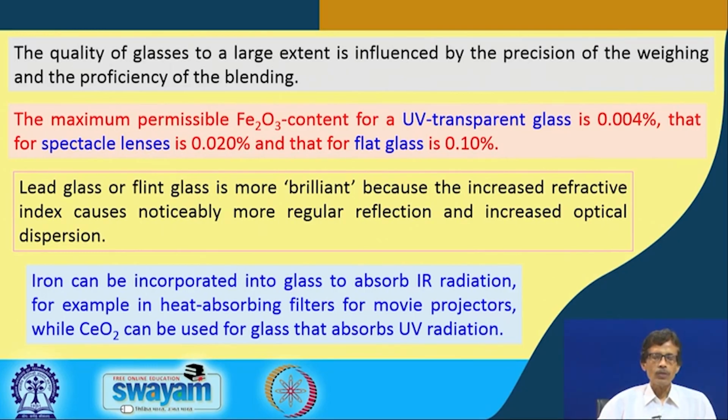So, by modifying the different oxides, with the addition of Fe2O3 you get UV transparent glass, meaning UV passes through the material, but with cerium oxide the same glass can be UV absorbing glass. So, depending upon your need or the industrial demand, we can change the composition and get the desired quality of those glasses industrially.